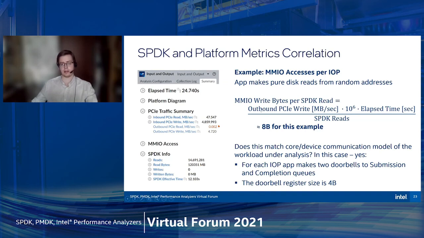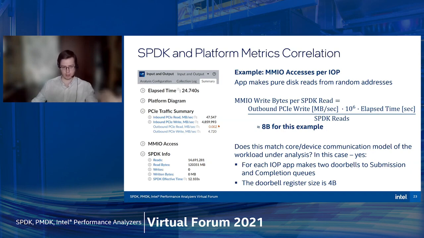And let's say I'd like to understand whether I have as many MMIO writes as I need in my application. So I'm just investigating whether I can potentially reduce the number of MMIO writes, and I have some understanding of how the application works at the platform level.